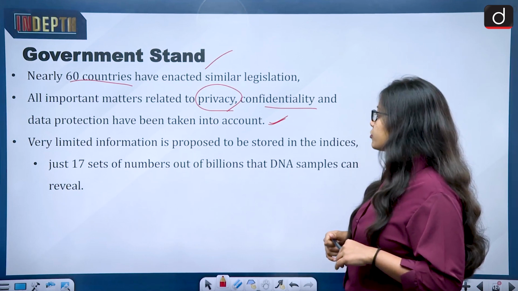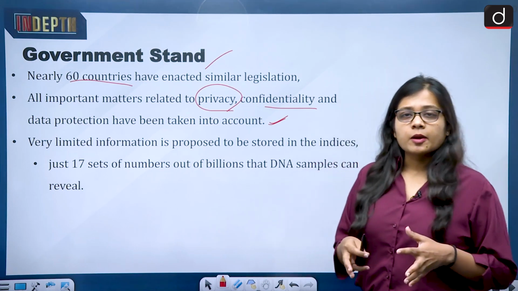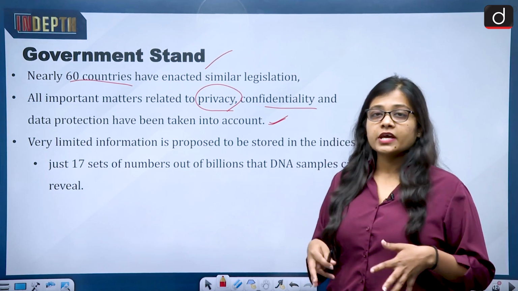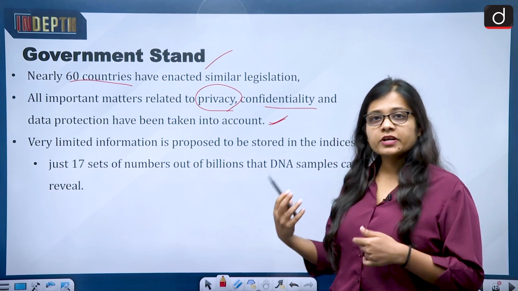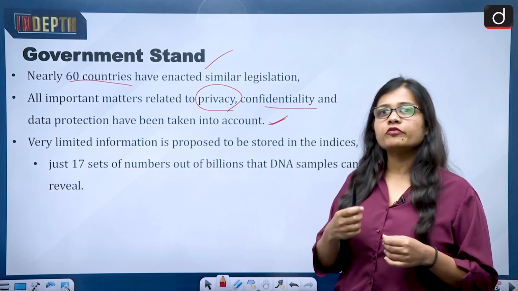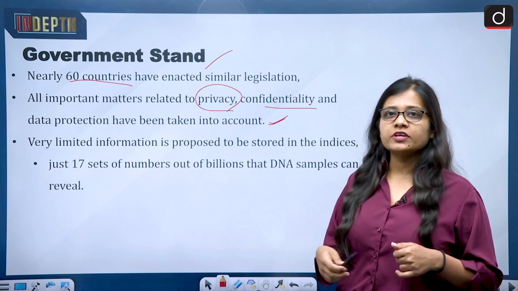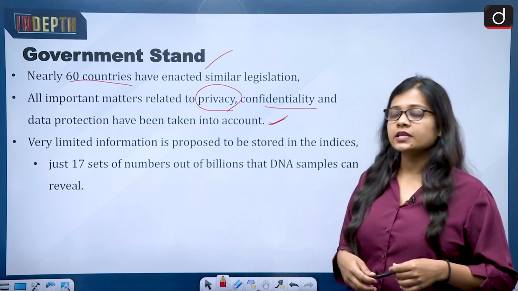Then very limited information is proposed to be stored in the indices. In our DNA samples, billions and billions of DNAs are present, and the government is saying that out of those billions, only a minimal set of DNAs would be taken out. It is not that every single DNA would be taken care of.